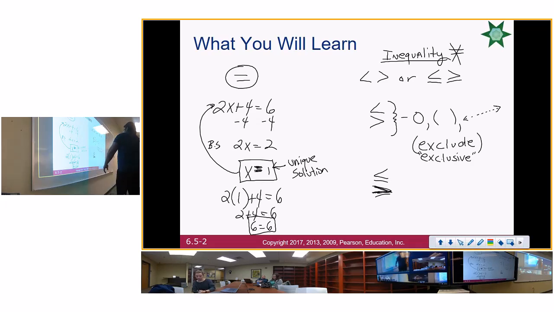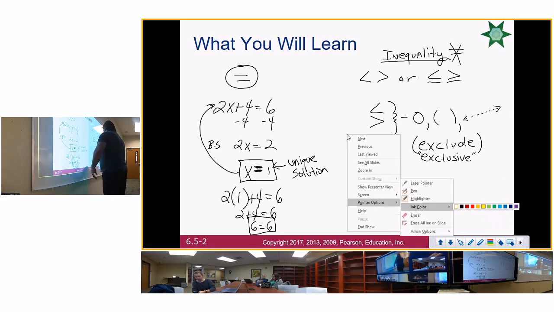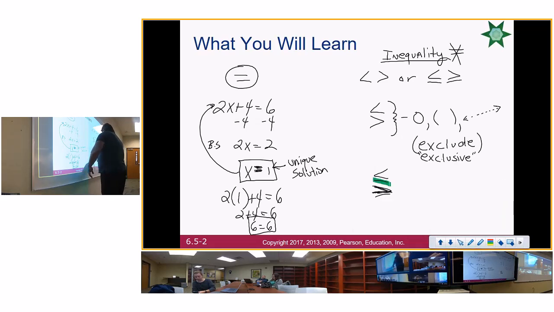And then these two, why are they different? Because they have an equal sign in the inequality. We're going to highlight right there and right there.